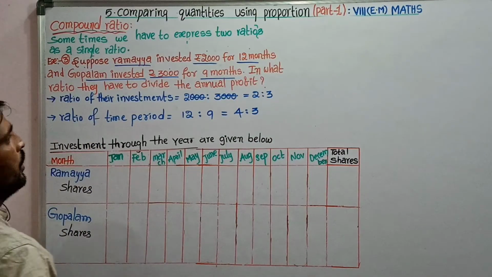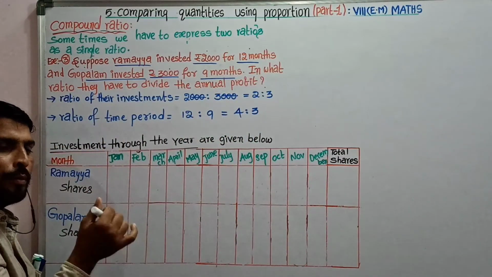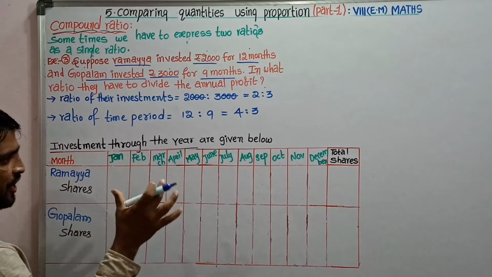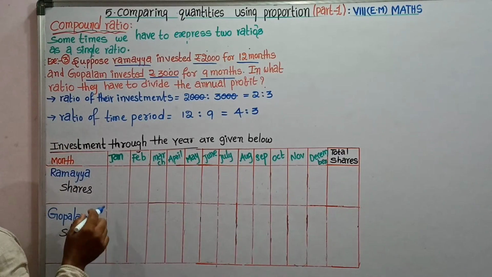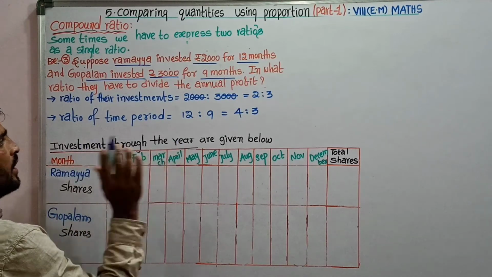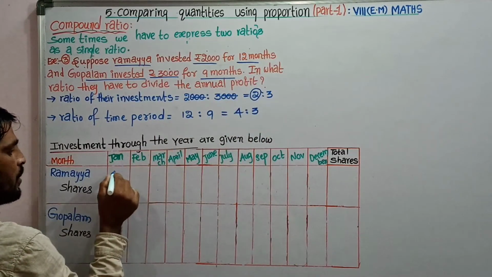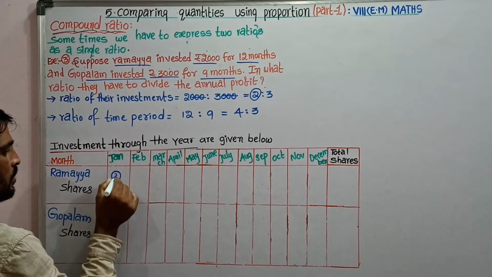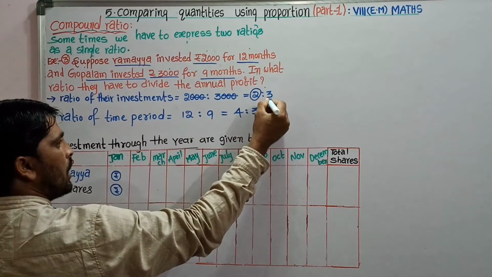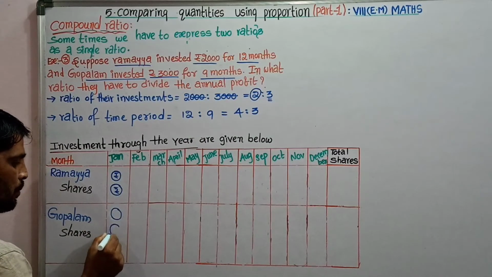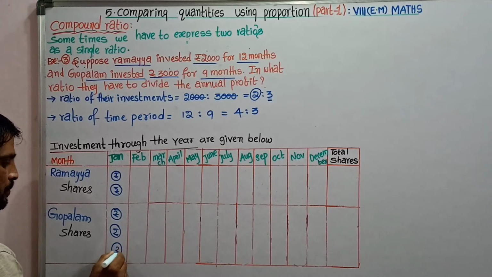Okay. So, in what ratio they have to divide their annual profit? They will divide their annual profit in the ratio of their shares. So, we have to find Ramaya's share and Gopalam's share. To do this, consider the investment through the year. If Ramaya invested 2 units of amount, then Gopalam invested 3 units of amount.